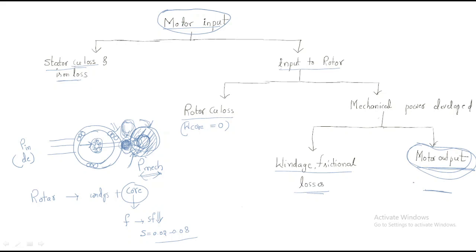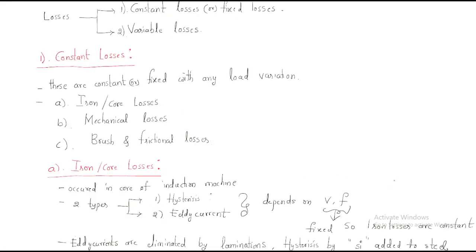By using this we can divide the losses of the three-phase induction motor into two types. The first is the constant loss, another name is the fixed loss.